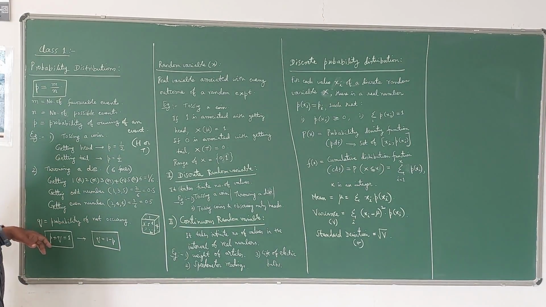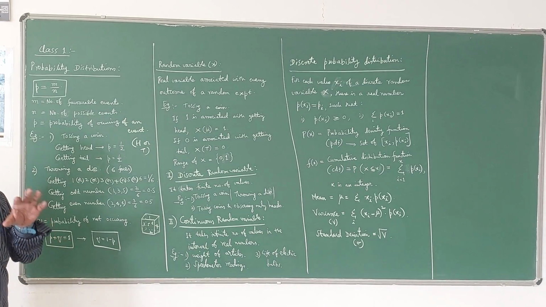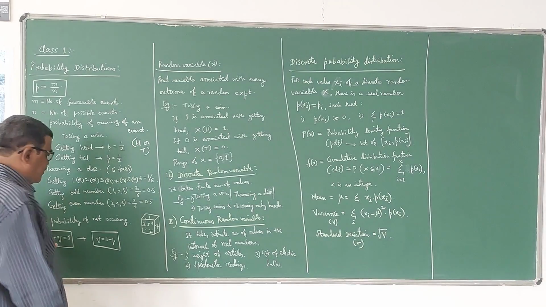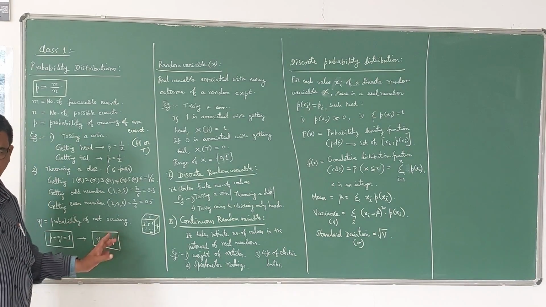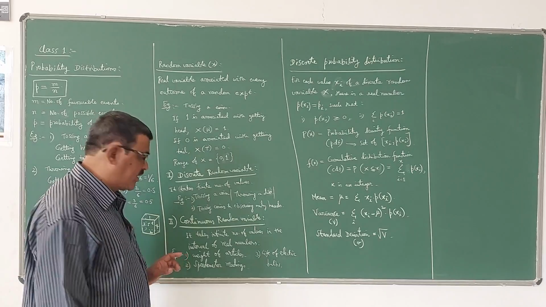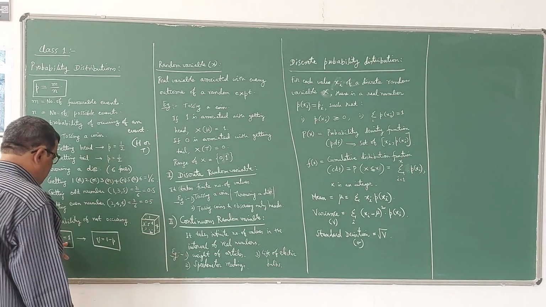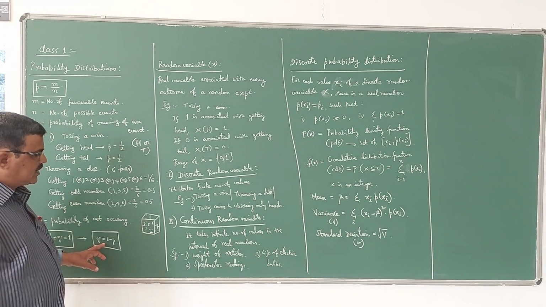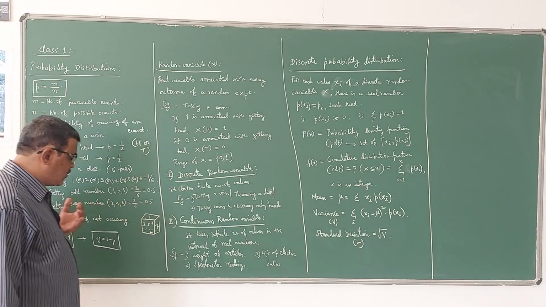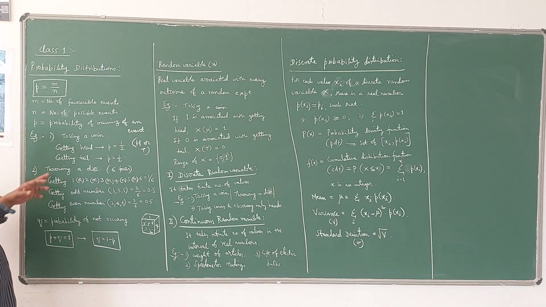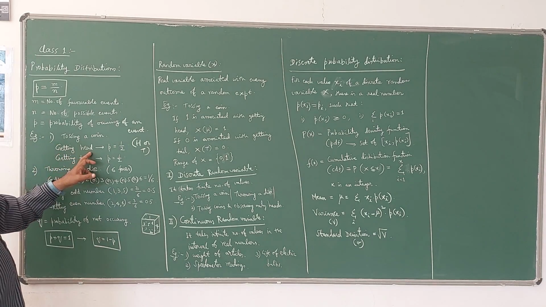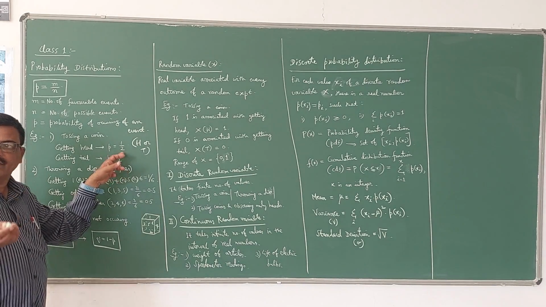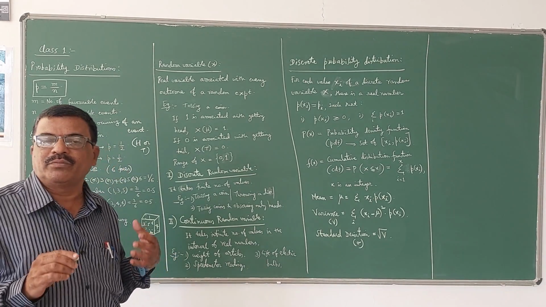In other words, if P is the probability of occurrence of an event and Q is the probability of not occurring of an event, then their sum will be equal to 1. That is, P plus Q is equal to 1, or Q is equal to 1 minus P. For example, getting head is half, and not getting head is also half, which means it should be tail.